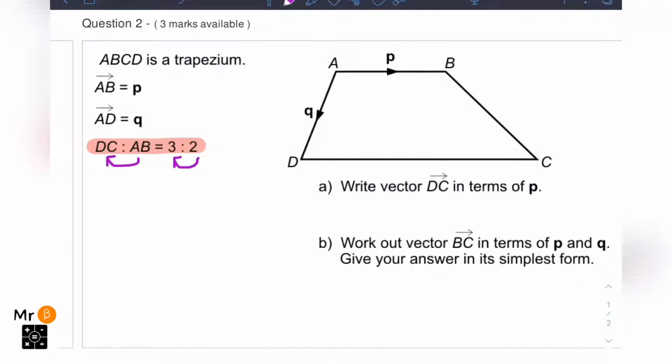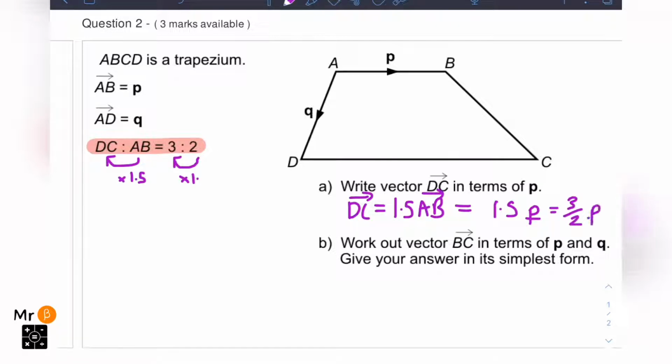Well, to go from 2 to 3, you are timesing by 1.5. So that is the same thing that we have to do in order to go from our length AB to DC. So DC is equal to 1.5 times by our length AB, which we already know is this vector P. So our final answer is 1.5p, or you can write this as a fraction, 3 over 2p.